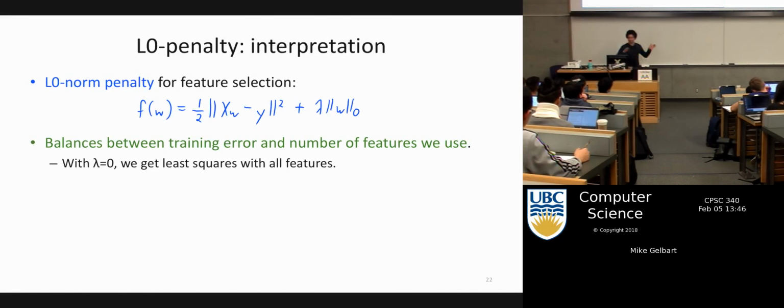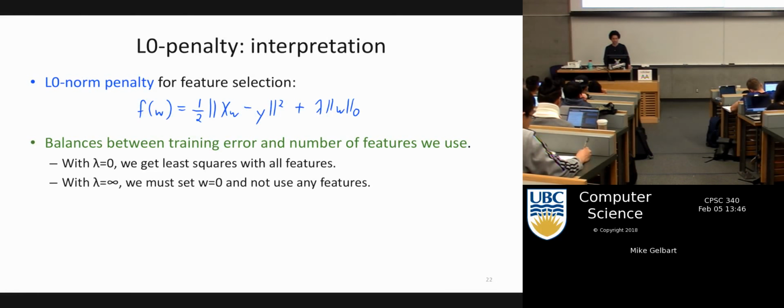So lambda equals 0, we're back to good old least squares with all the features. Lambda towards infinity, then all we really care about is that second term because it's infinitely more important than the data fitting term. So I'm just going to set W to be 0 and try to make that right-hand term happy, and I'm not even going to look at the data, and then everything in between.